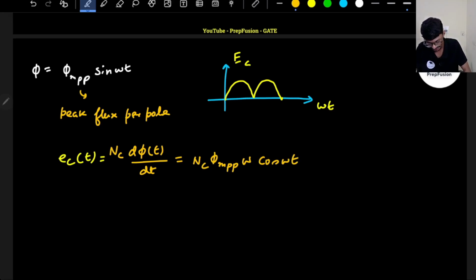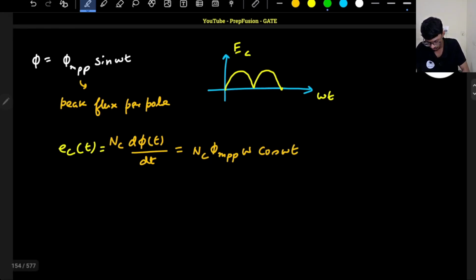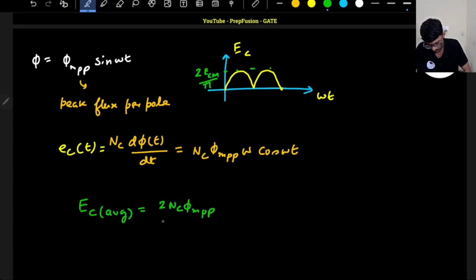Anyway, I will be rectifying it. So if I rectify it, what will be the EC average? Because that is what I am interested in, right? EC average. If this is the peak, it will be 2 into ECM upon pi. We know this, the average of any rectified sine wave. So this will be 2 NC, the peak flux per pole phi m, divided by pi. Okay, so this is the induced EMF in a single coil.